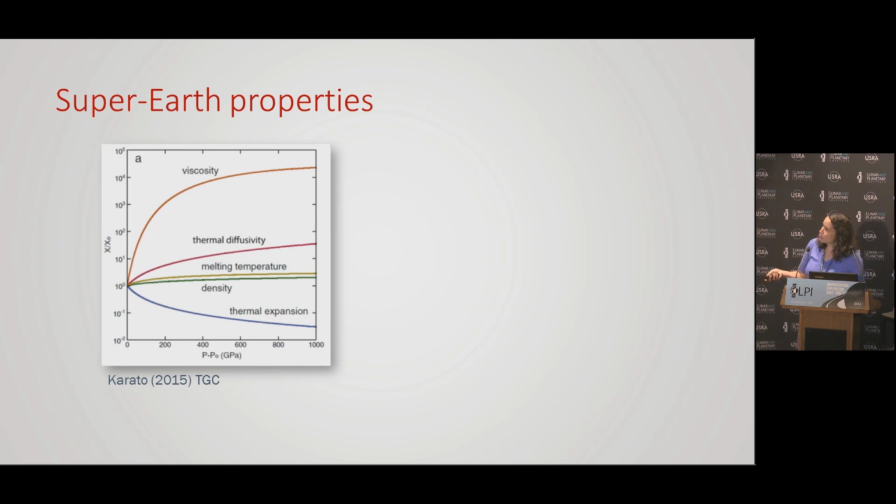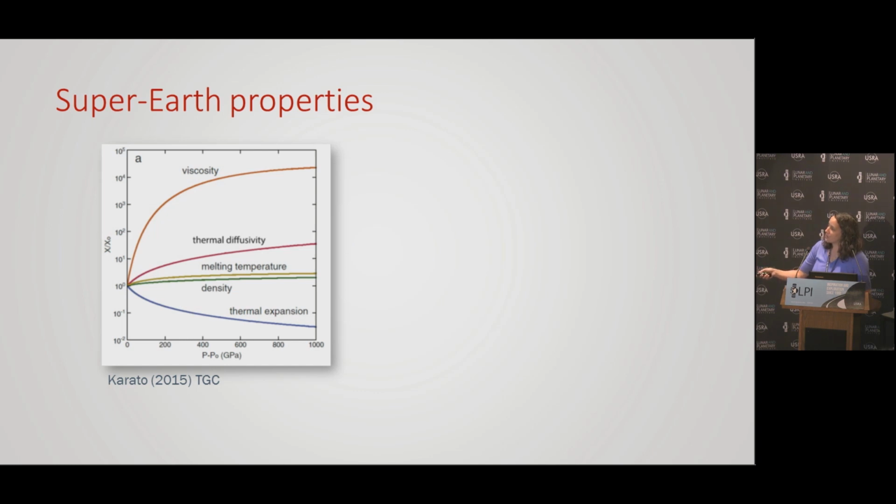And then we have applied this sort of model not just to the Earth, but looking at super Earths. And in this case, we need to look at what are the properties that are varying the most with pressure. So you can see that melting temperature and density of the mantle are not strong functions of the pressure within a planet.